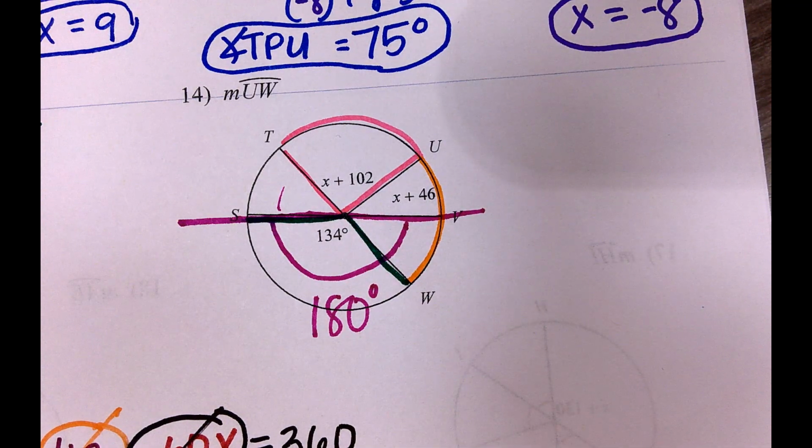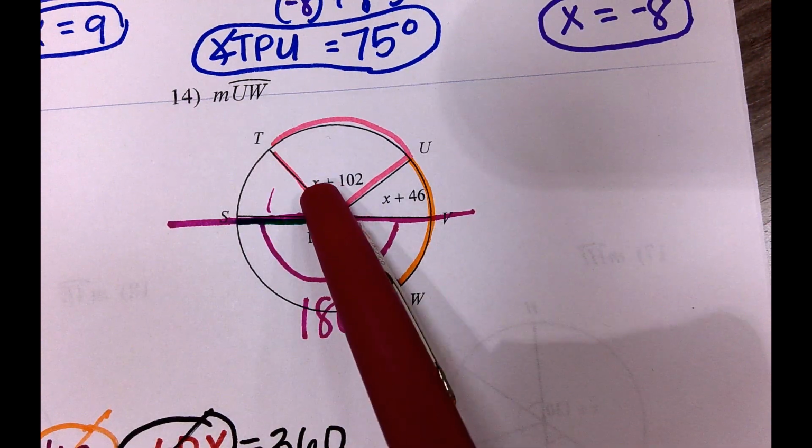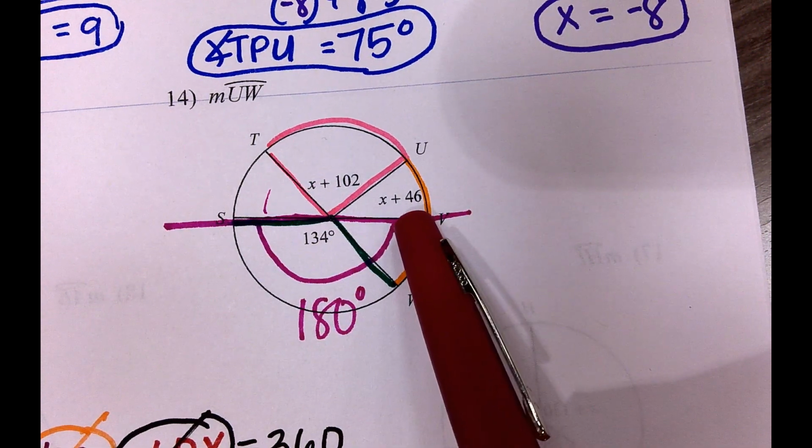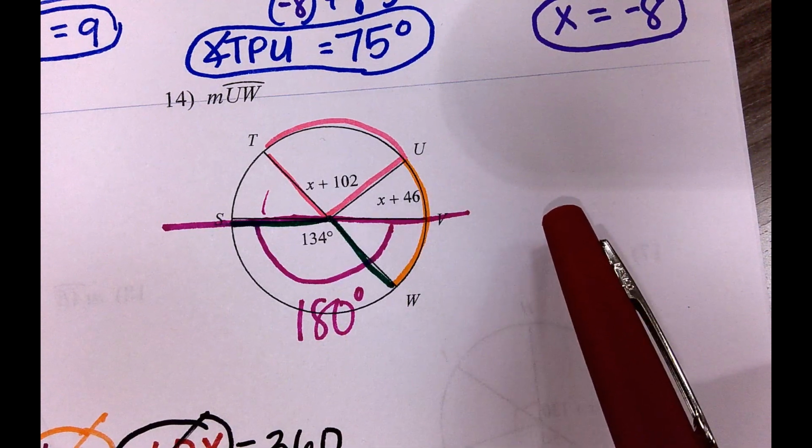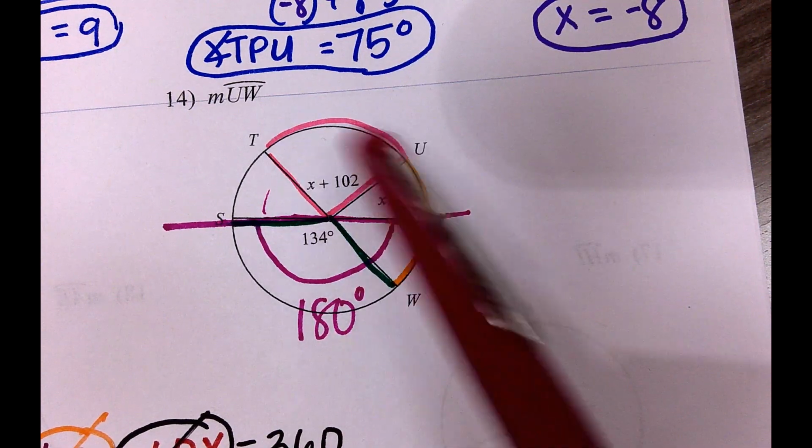So your equation would be x plus 102 plus x plus 46 equals, to include the 134. So you're saying x plus 102 plus x plus 46 equals what? 180? Just these two?